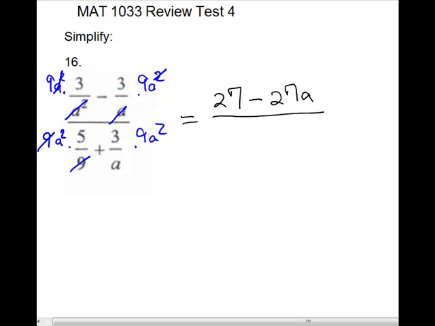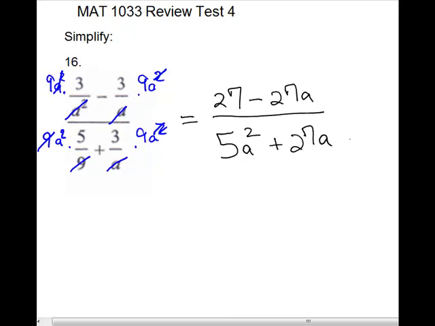I have 5a squared. And on the second one, one of my a's are gone. So I have plus 27a.